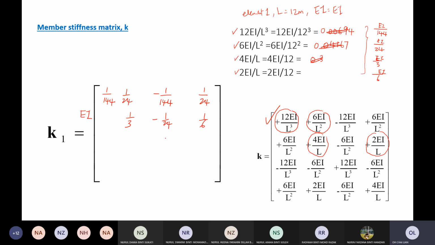Then 12 EI is 1 over 144, negative 1 over 24, and 4 EI is 1 over 3. Do you get this? Please check.